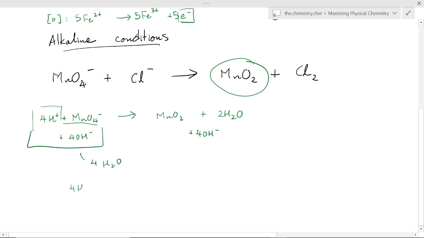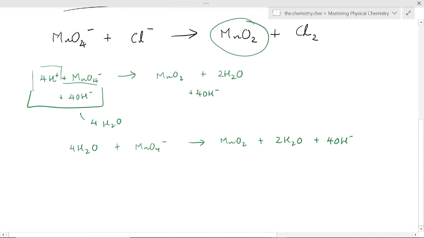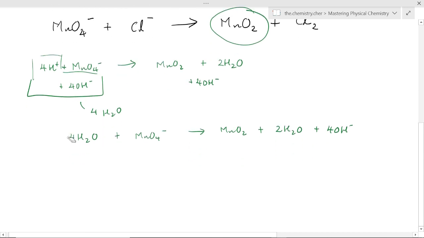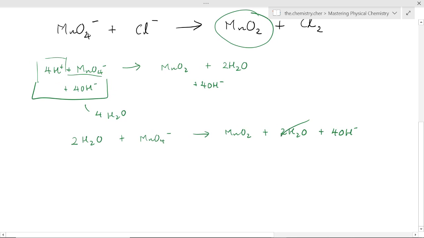So what I will have is 4H2O plus MnO4-, and that will give me MnO2, 2H2O, and 4OH-. And what this means is that if you look at the equation, there's 4 on the left and 2 on the right, so I can simply remove this here, and then there you go.